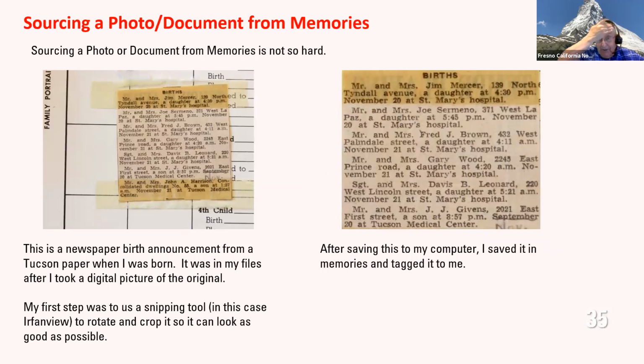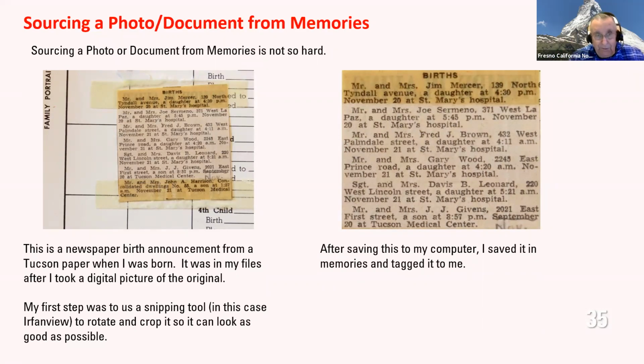Okay, I did try one other thing. I wanted to show you the problems you can get into. I haven't resolved this. This is my last-minute try. I had a picture that I had taken of my birth announcement from the newspaper. I thought, let's make this a source because I have several sources on me. They used to say you can't source yourself, a living person.